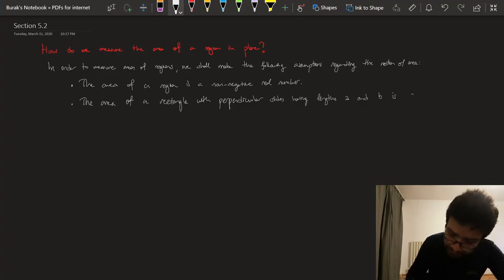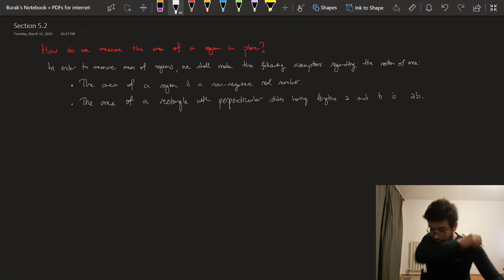So I'm assuming that if I have a rectangle with perpendicular sides having lengths A and B, the area of the rectangle is AB. This is my assumption.